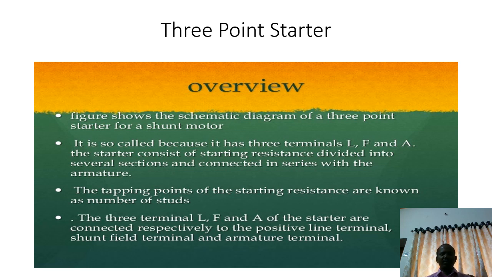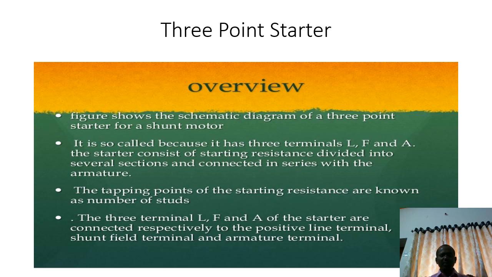As a brief overview, it has 3 terminals, L, F, and A. The starter consists of a starting resistance divided into several sections and connected in series with the armature. The tapping points of the starting resistance are known as studs.